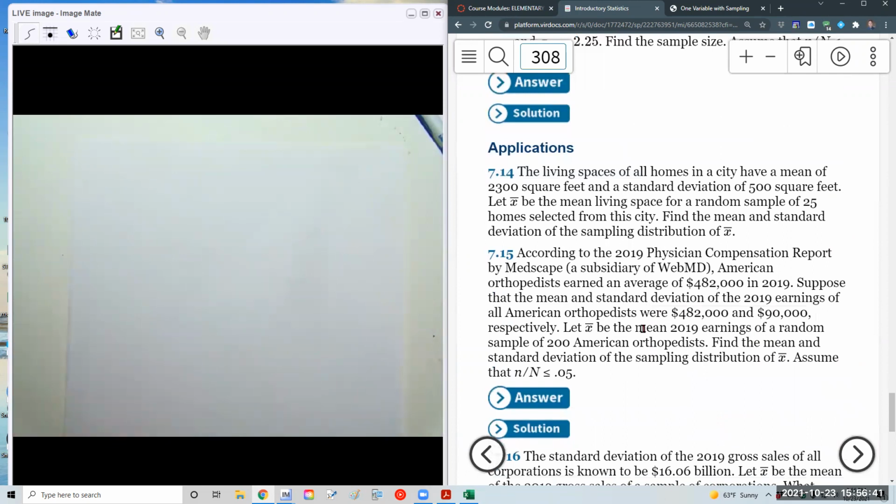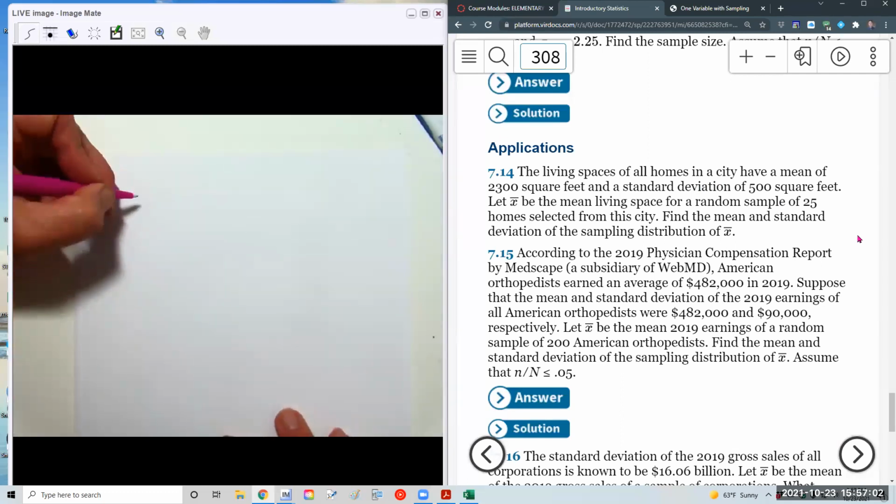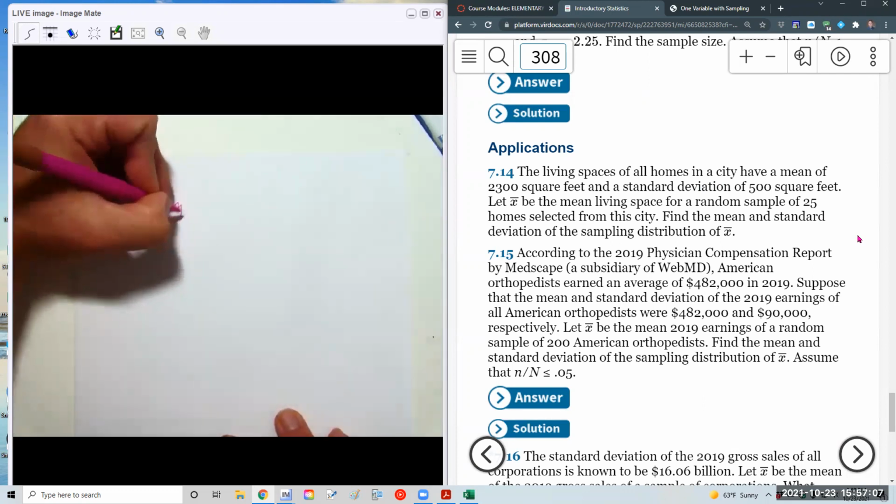All right, here's this first application, 7.14. The living spaces of all homes in a city have a mean of 2,300 square feet and a standard deviation of 500 square feet. Okay, so right there, we're talking about living spaces of all homes in the city. So that is giving us a value for the population mean and standard deviation. So these values are given.